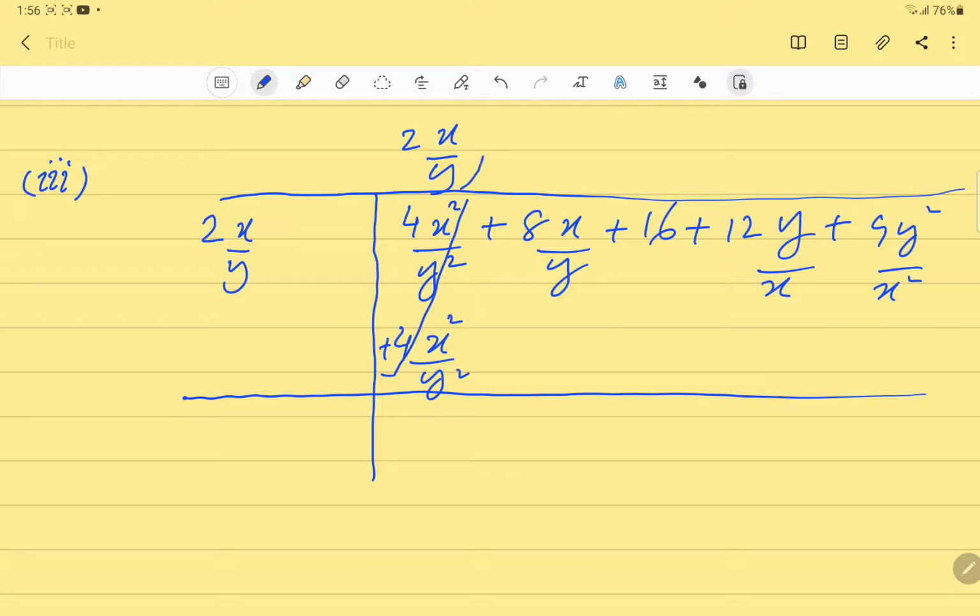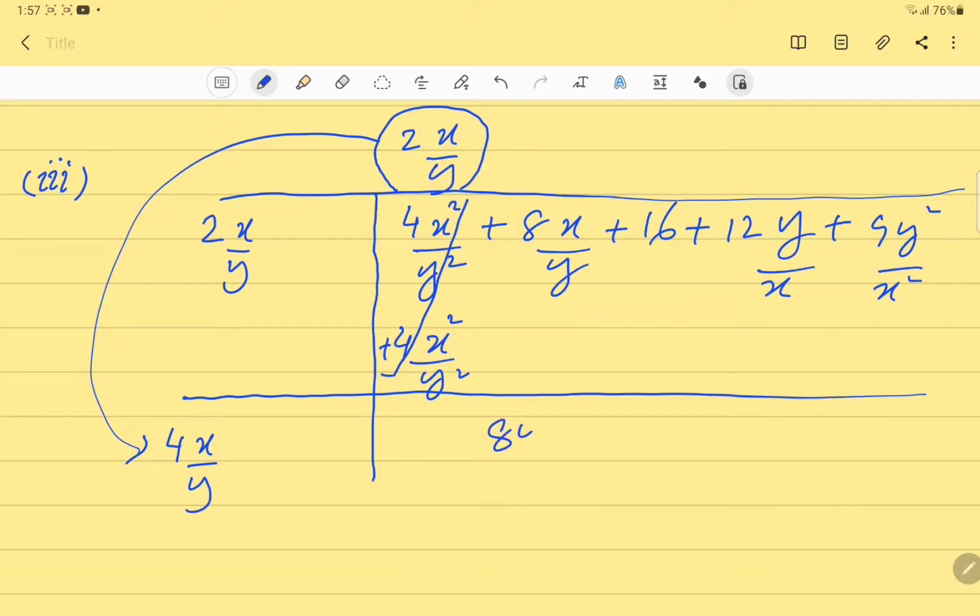Now, as we have been doing earlier, we will put double of this one over here, which means 2 into 2x over y, it will come 4x over y. We will bring next two terms over here, 8x over y plus 16.